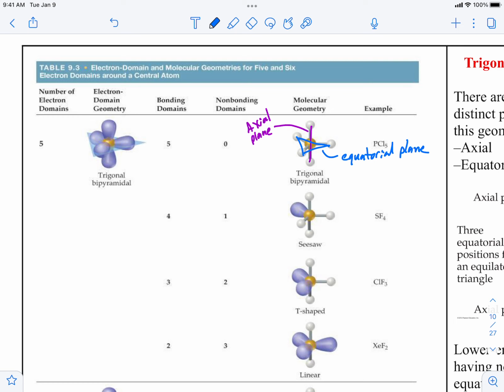The axial plane is where your linear is. You guys see that? You combine them together, you get a trigonal bipyramid. So the base name for 5 domains is trigonal bipyramid, because it's a pyramid above and below. Bipyramid, 2 pyramids, triangle base.